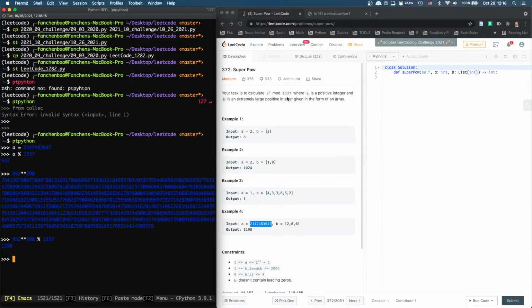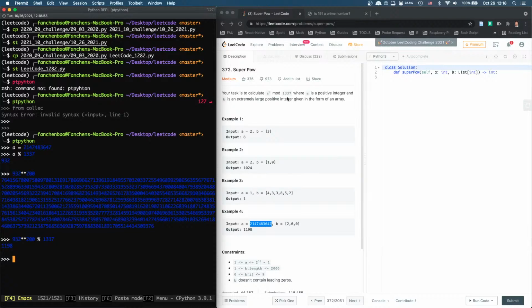So R is smaller, so R times R. Wait, do we have... No, what if we do it every single time? Well, the first time, the remainder is R, and then we multiply R again. So R equals 0 times M plus R squared.